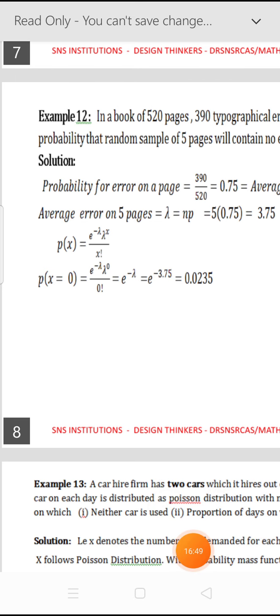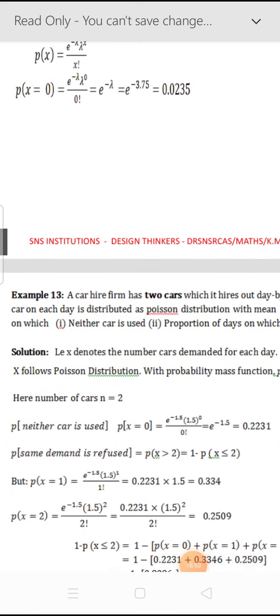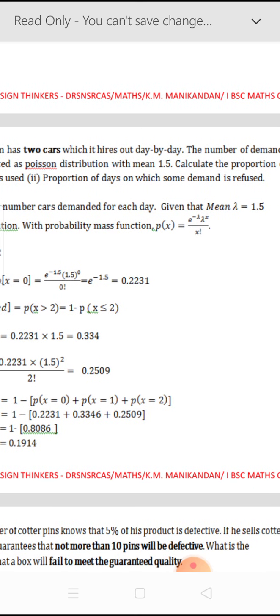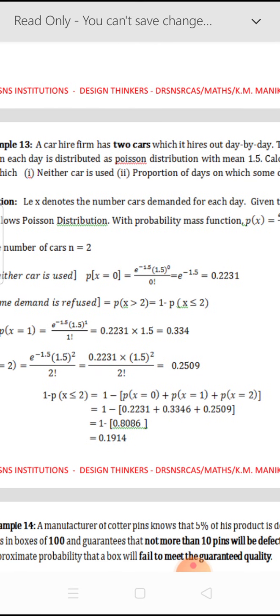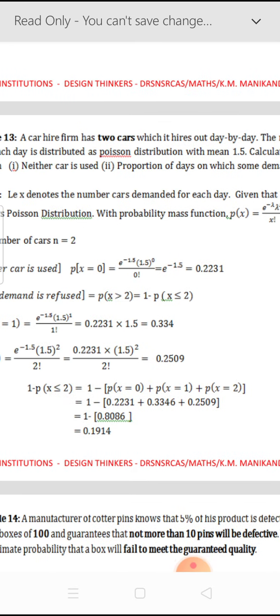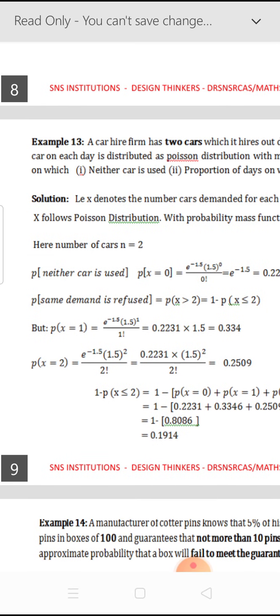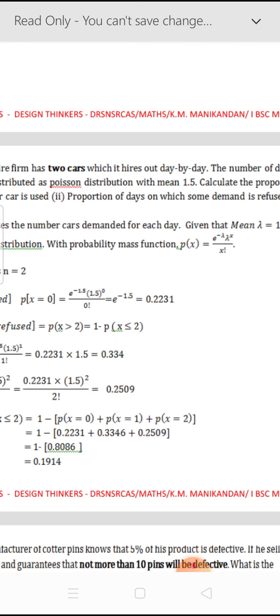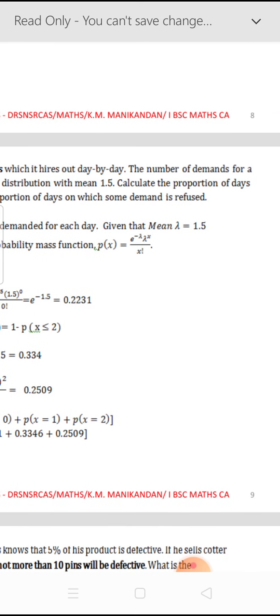So next we see another problem. A car firm has 2 cars, which it hires out every day. The number of demands for a car on each day is distributed as a Poisson distribution with mean lambda equal to 1.5.